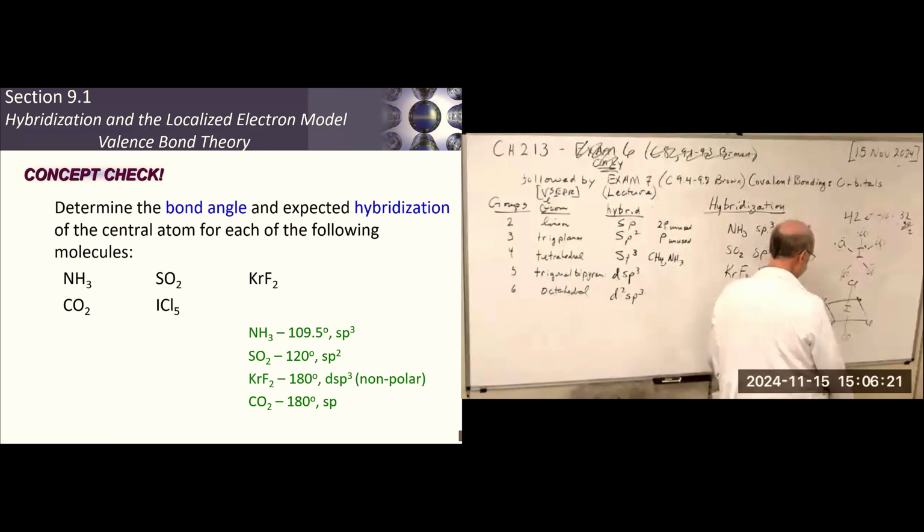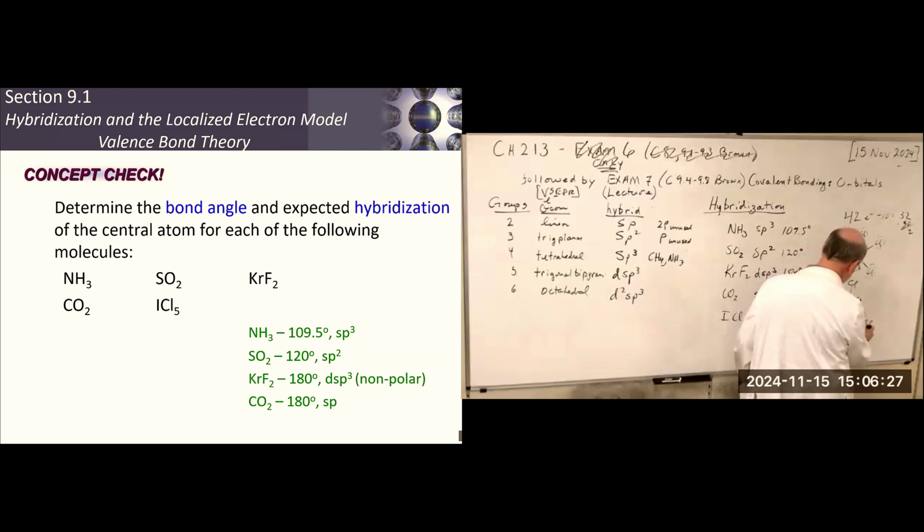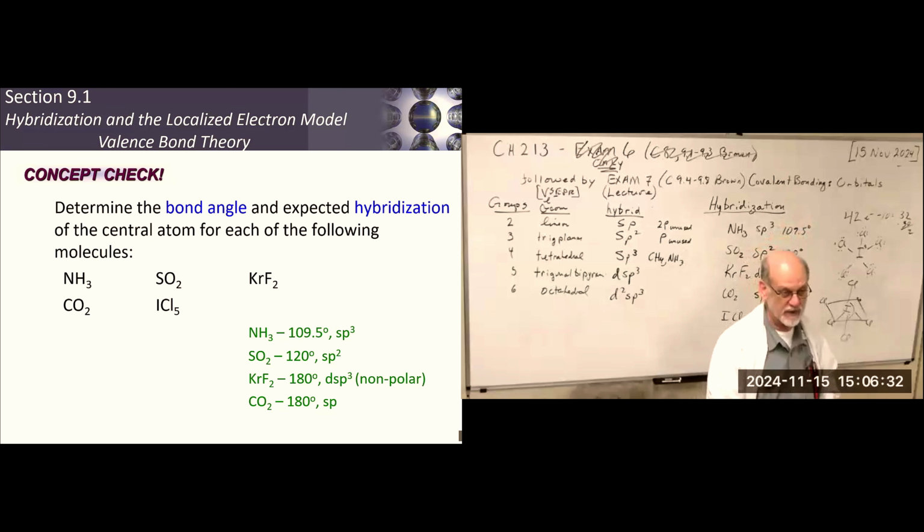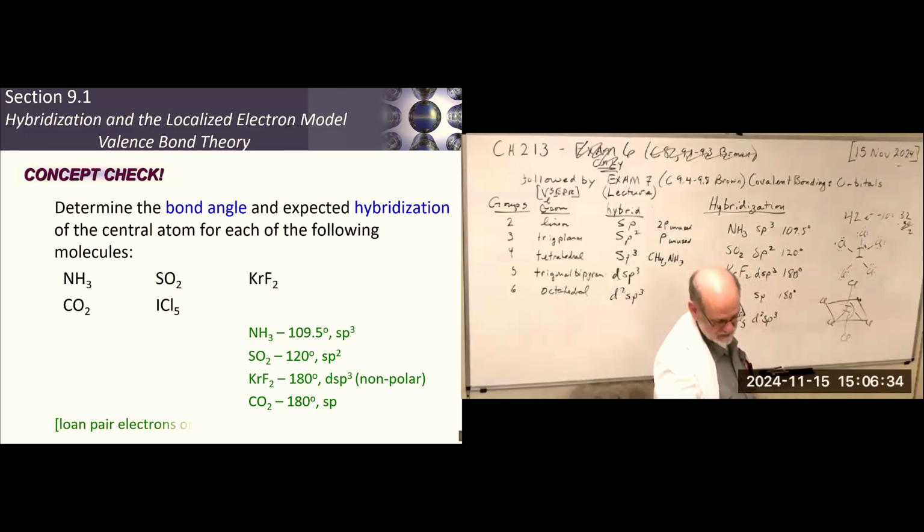Okay. So what bond angles do we have? Well, we have 180, and that would be 90 degrees, and this would be 90 degrees. So it's 90 and 180 are the only possibilities. Oh, wait a minute. This is octahedral.